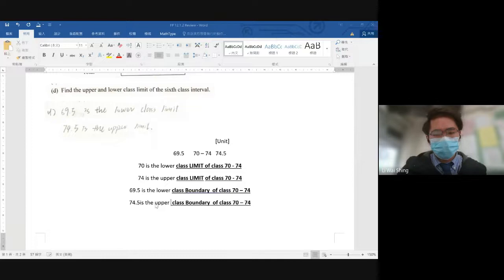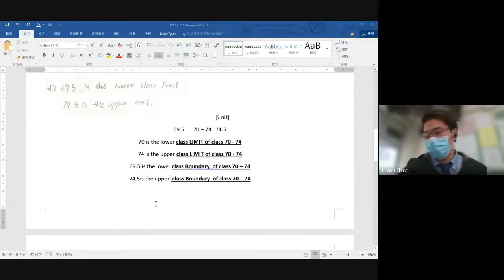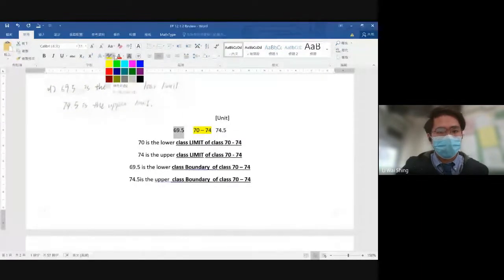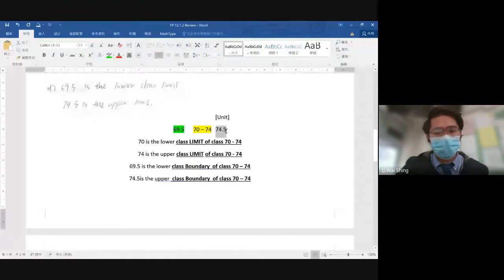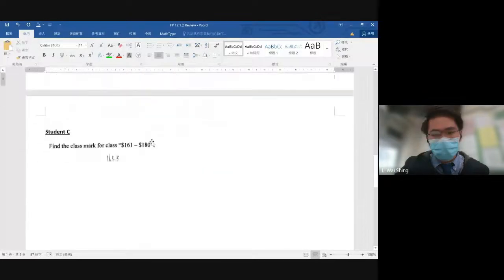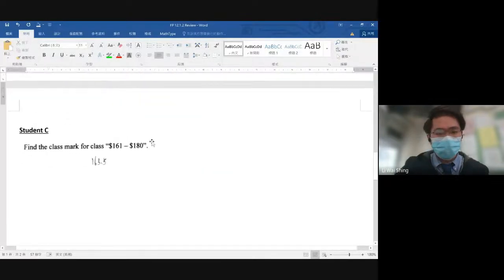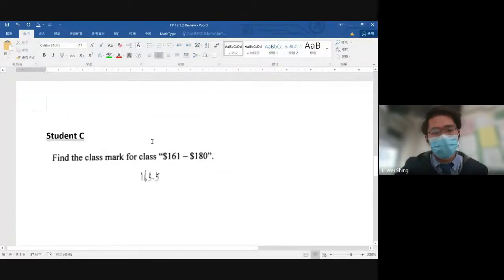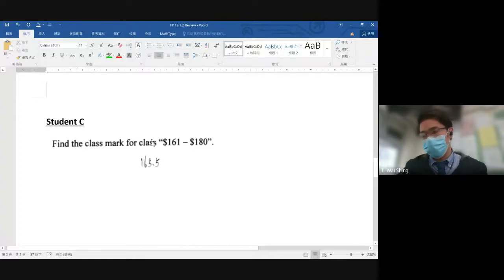So be careful with this part. Class limit, these two values are the class limit. However, when you talk about the 邊界, you know that 邊界 is here, 邊界 is here.